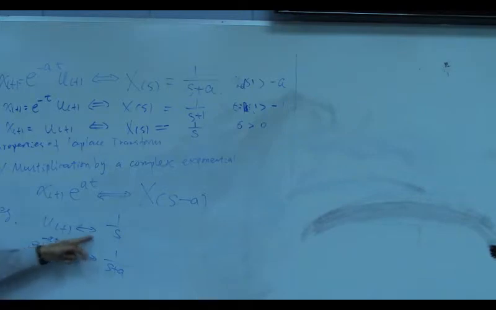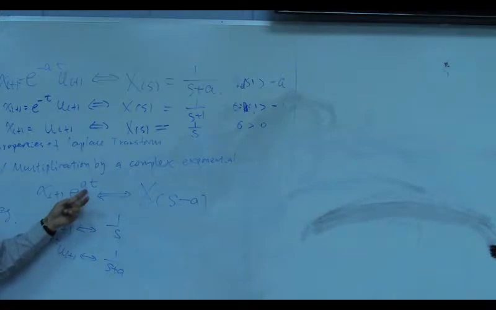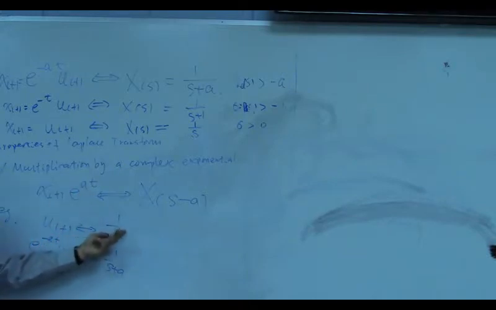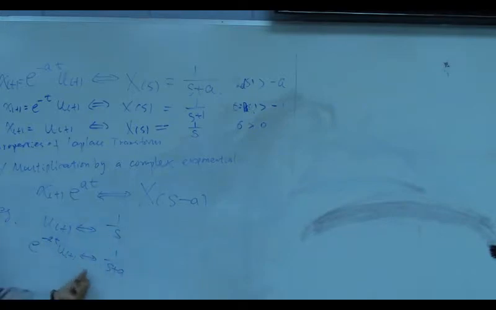And we know u(t) equals 1 over s, gives us 1 over s, right? Now this one is multiplied by e to the negative at. So this negative a here is the a here, right? And that means we need to replace this s with s plus a, right? So s with s plus a. It's good.